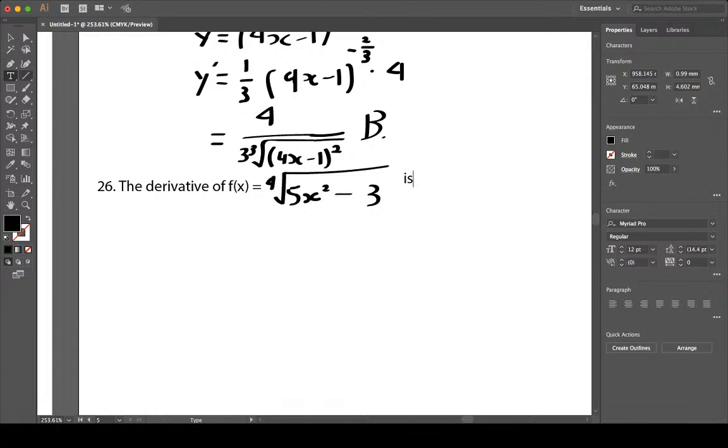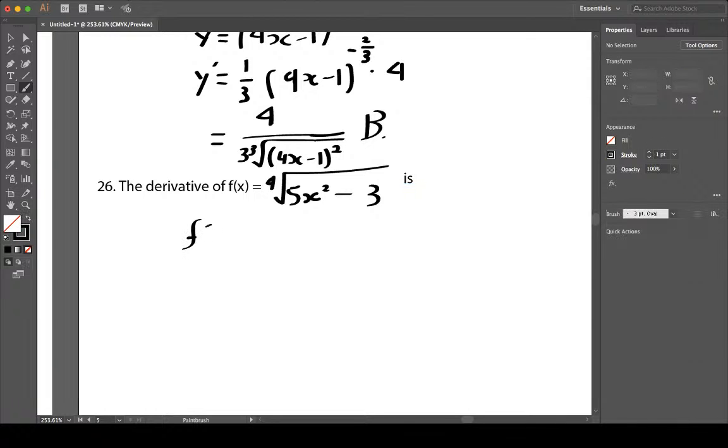So let's transform this root into powers, because that has helped us a lot. So f(x) here is equal to 5x squared, the inside, minus 3, to the power of 1/4.